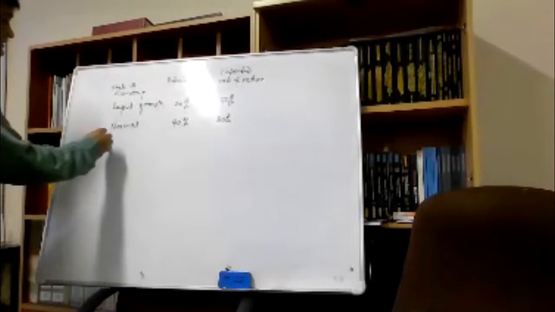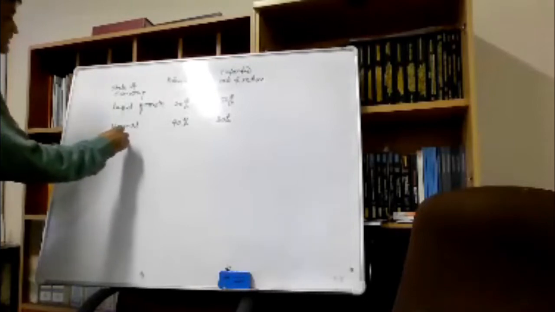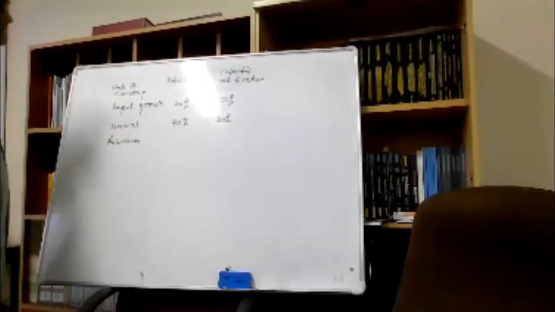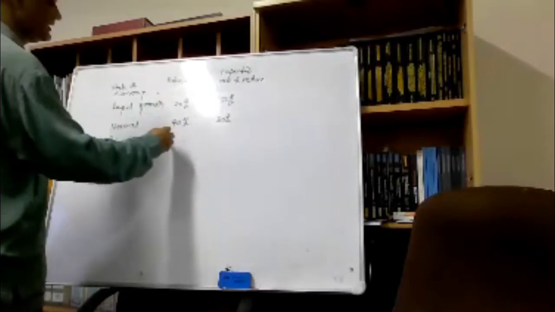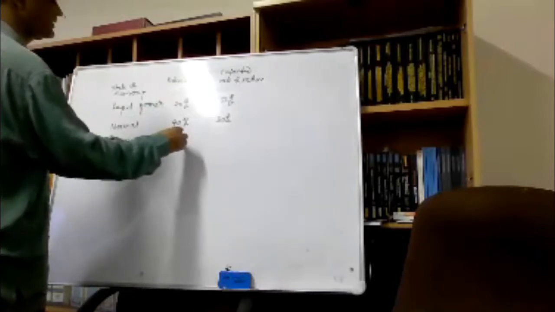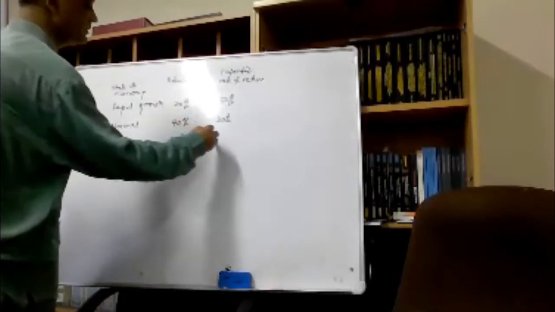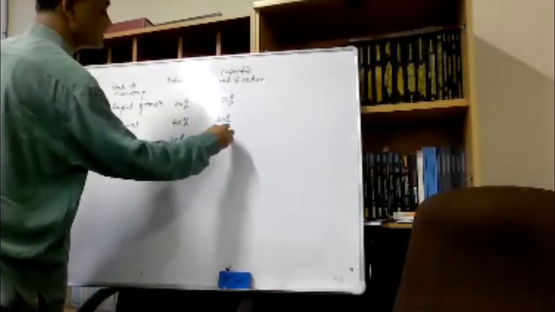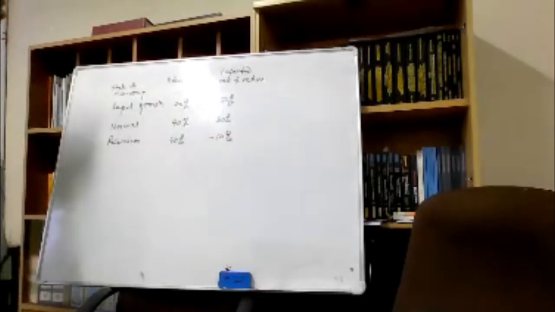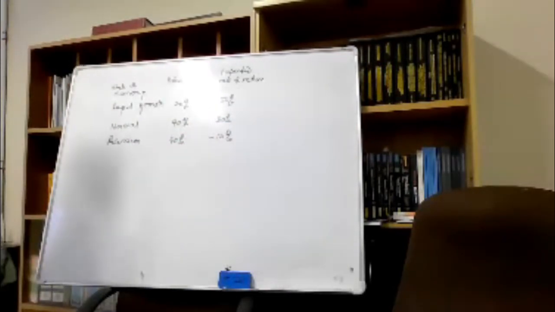And if the economy is in a recession, say your probability would be another 40, right? So that makes it 100%. So your expected return could be minus 10%. So this is the data that we have gathered.